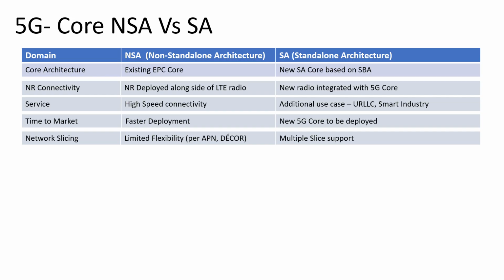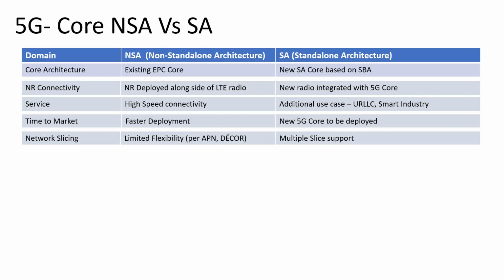You can maybe treat the requirement of different APNs differently in the core, but the slicing will not be there. There is no end-to-end slicing from core to radio to transport. There is no slicing at all, right? You can just play with QCI, QoS, ARP, and there is a limited way you can play.